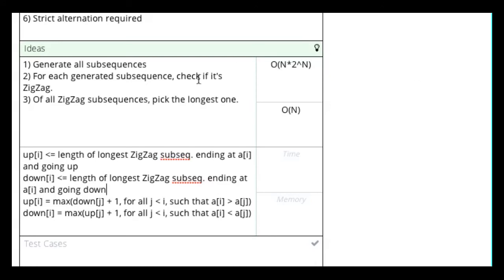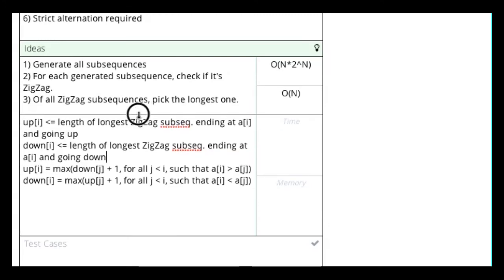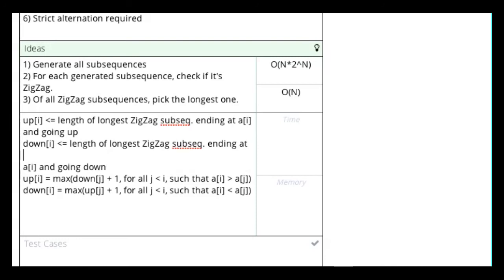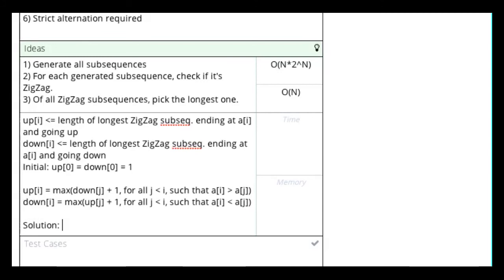And then we can say that initially up 0 and down 0 are going to be 1s, and the solution is going to be the maximum of up i, down i for i from 0 to n, right? So this is a pretty succinct description of our dynamic programming idea.